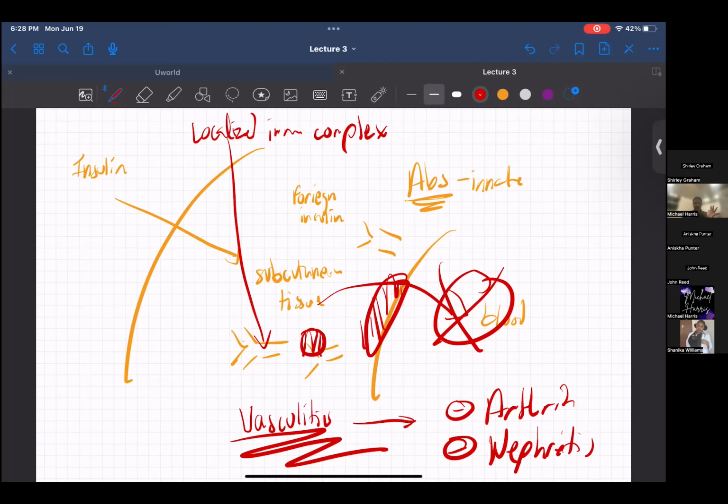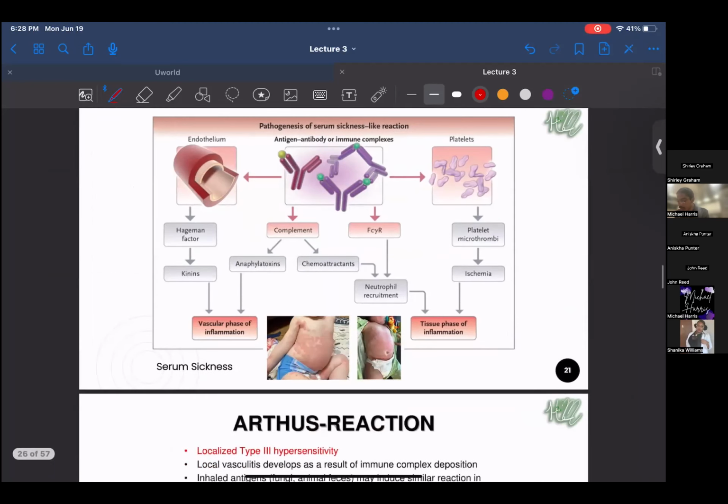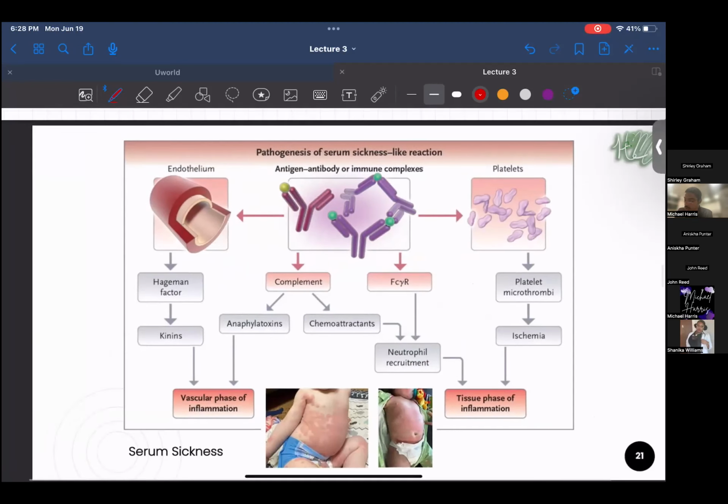It's the same concept as immune complexes, it's now just localized to one location. All right, perfect. So this is showing you a serum sickness case. This is something that's widespread in the body. And just like we said, right, you're going to end up with that vasculitis, as well as you're going to show up with nephritis, as well as arthritis in this phase.